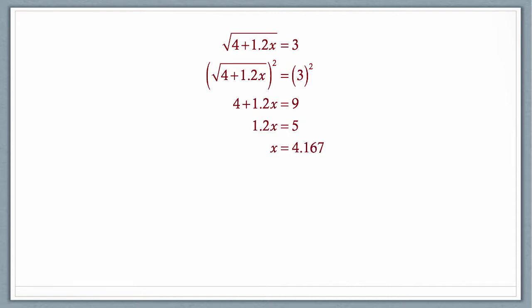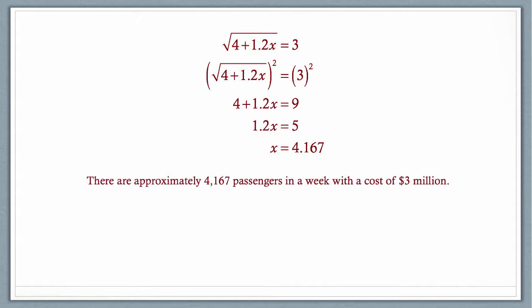Subtract the 4, divide by 1.2, and we get x is approximately 4.167. I stopped at 3 decimal places because our input value is in thousands, and 3 decimal places is the thousandths place. So that means there are approximately 4,167 passengers in a week that has a cost of $3 million.